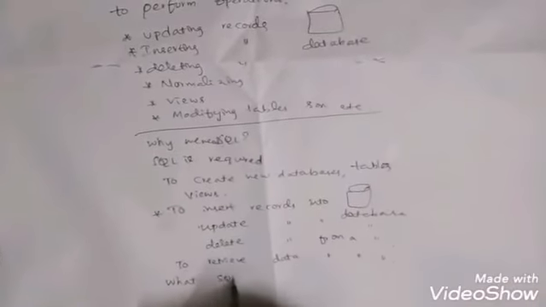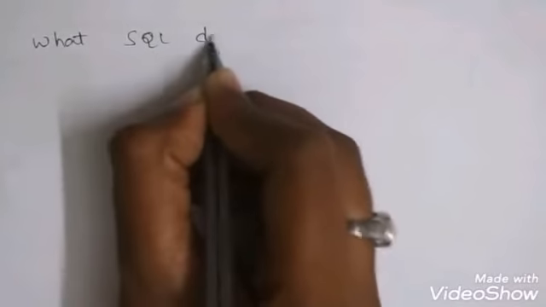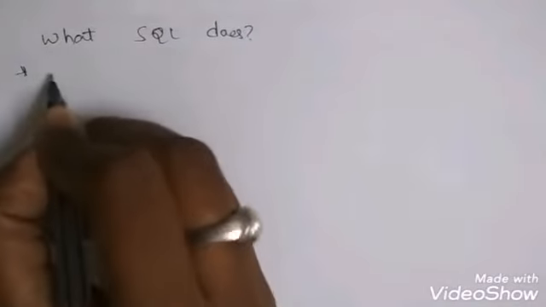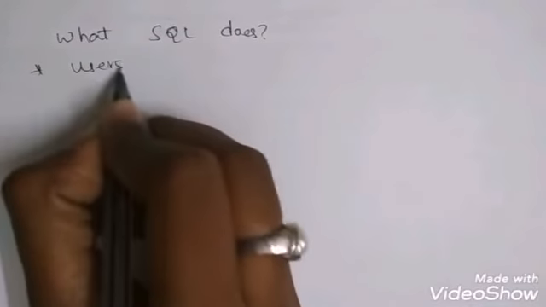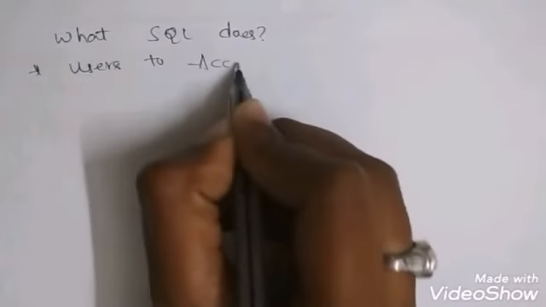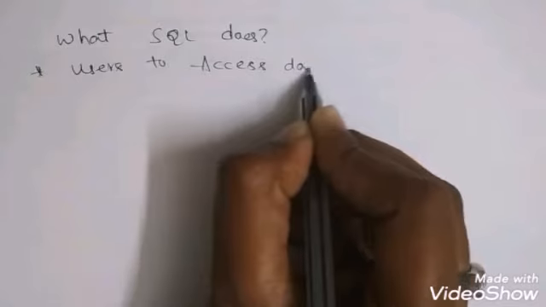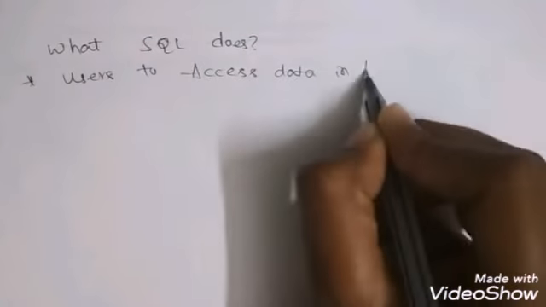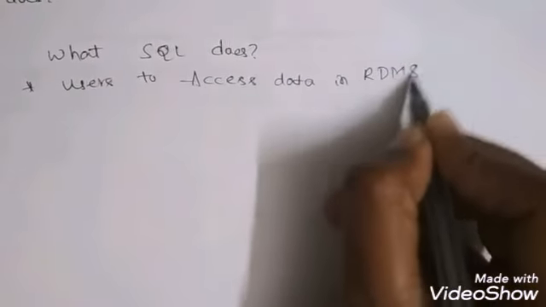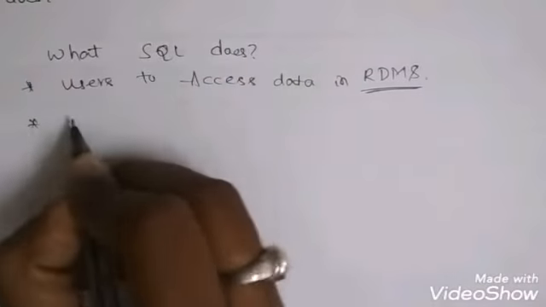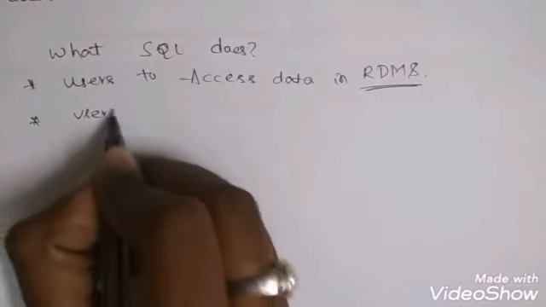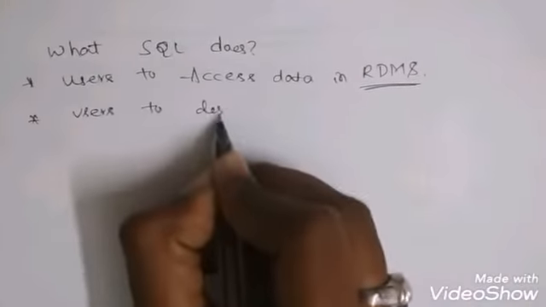What does SQL do? It allows users to access data in a relational database management system, RDBMS, and it allows users to describe the data.